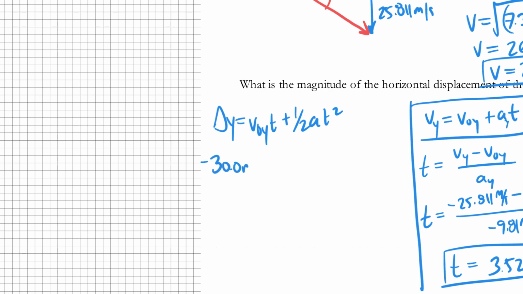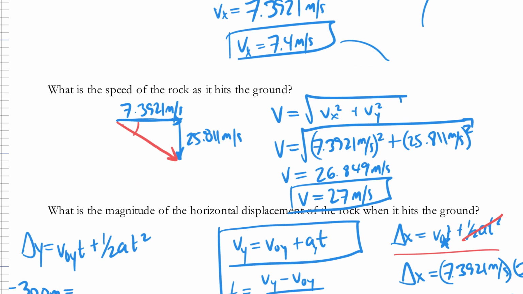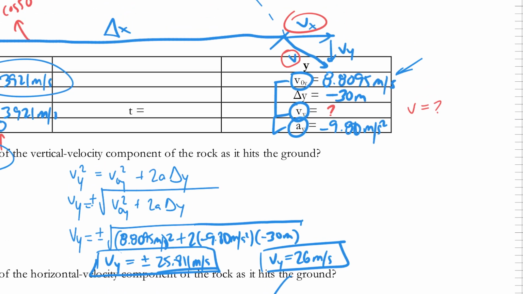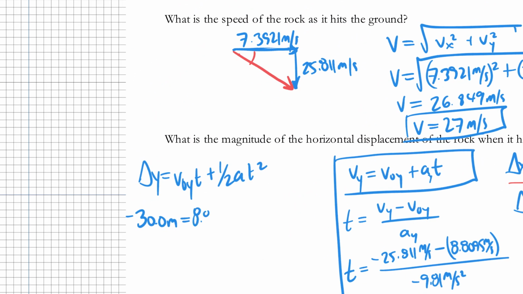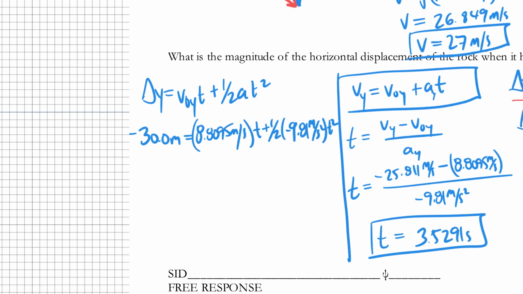Negative 30.0 meters equals 8.8095 meters per second times t, plus 1/2 times negative 9.81 meters per second squared, t squared. As you can see, the problem here is that this creates a quadratic, so we need the quadratic equation.